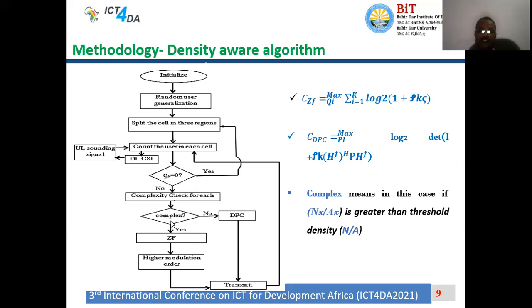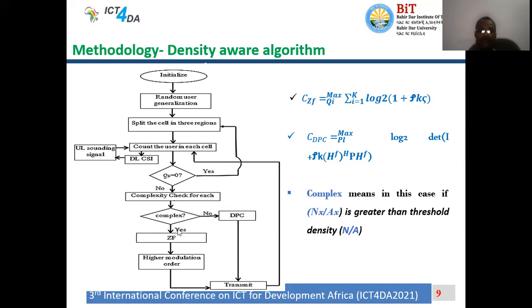So if the specific density is greater than the threshold density, then we can say the system is complex, and for this complex system, we simply employ zero forcing rather than dirty paper coding, since dirty paper coding by its nature has a complexity issue, as it operates with successive interference cancellation.